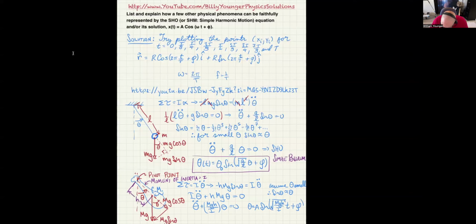In other words, the omega, as we always advertised, is the square root of whatever the coefficient is in front of the theta function or x function, or whatever the non-differentiated function is. So that is the simple harmonic oscillator solution for a physical pendulum.